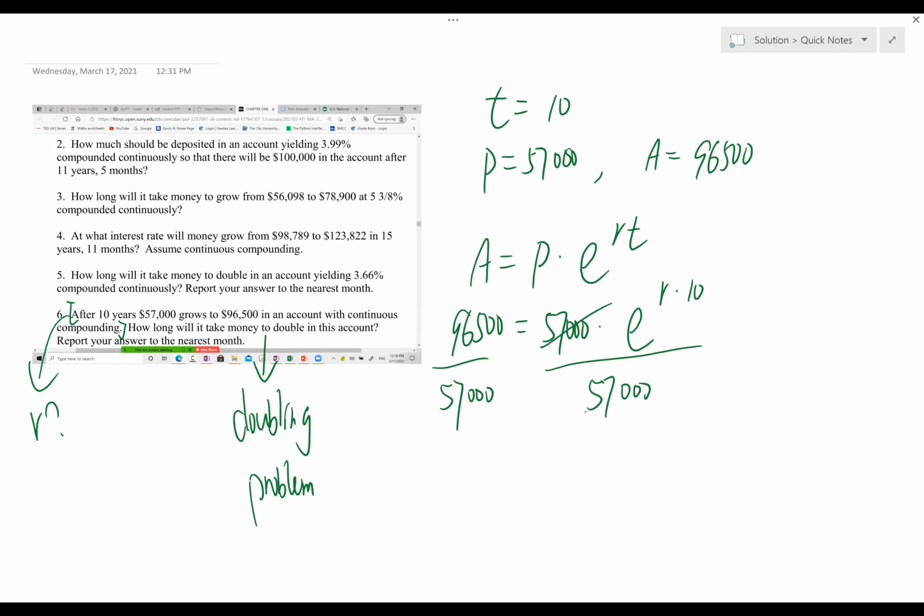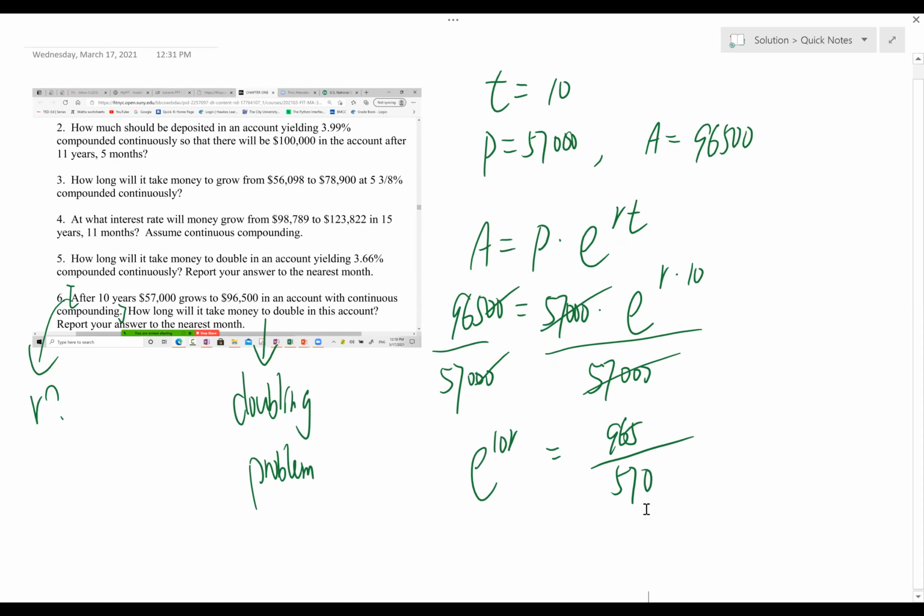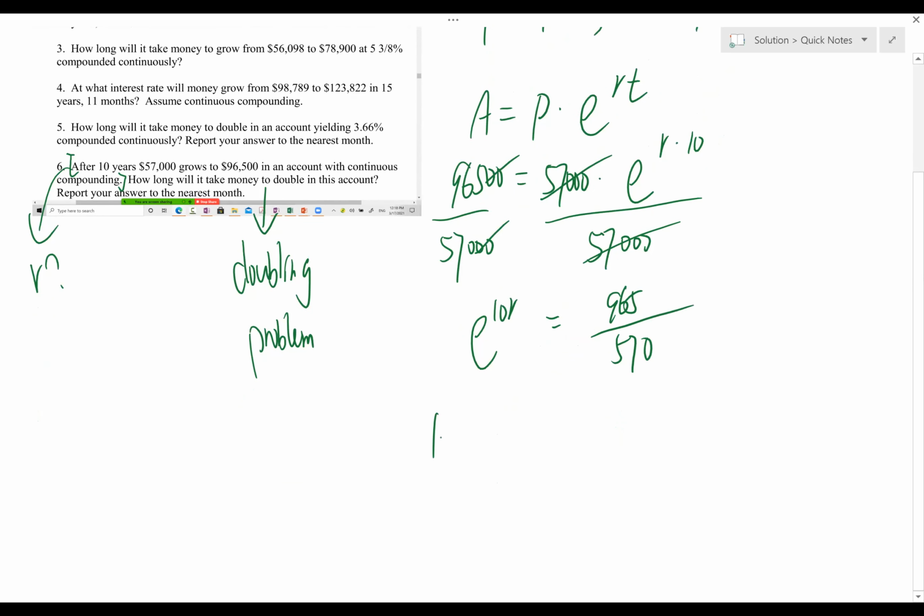Then we cancel that coefficient, drop both zeros, so we get 965 over 570. So e to the 10r equals 965 over 570. Again, we take the ln of both sides of the equation. So ln of e raised to 10r equals ln of 965 over 570.